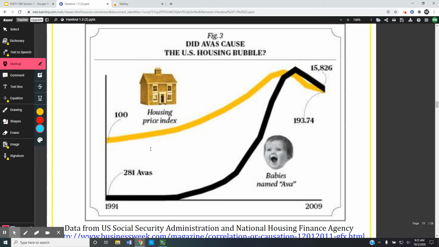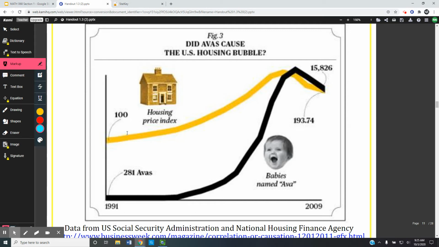So you see it took a sharp increase here, and then it kind of made a small decline. The black line are the number of children who were named Ava. So babies named Ava were really, really low in 1991, but they increased almost identical to the trend line of the U.S. housing market, and then they took the same decreasing line.